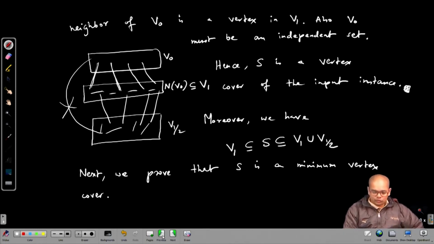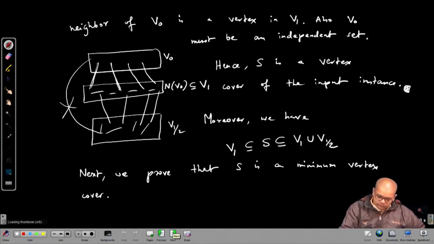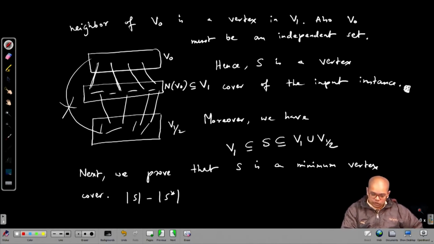For that we have a minimum vertex cover, namely A star. A star is a minimum vertex cover, and what is the cardinality of S minus the cardinality of A star? We need to show that this is less than or equal to 0. So what is this?